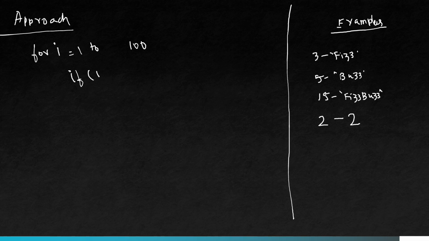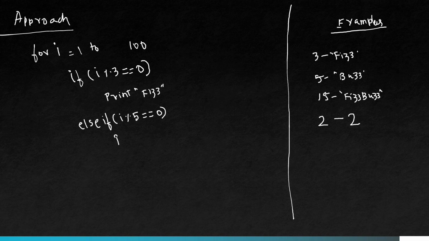If I is divisible by 3, the remainder should be 0. We need to print fizz. Else, if I is divisible by 5, we need to print buzz.